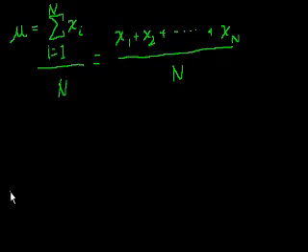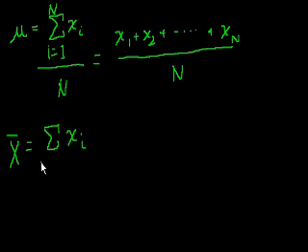And then the sample mean is essentially the same thing, although you use slightly different notation. The sample mean is written as x with a line over it, and that's equal to, once again, the sum of the elements in the sample, right? And there's a slight notational difference. You start at the first element in the sample, and you go to the number of elements in the sample.